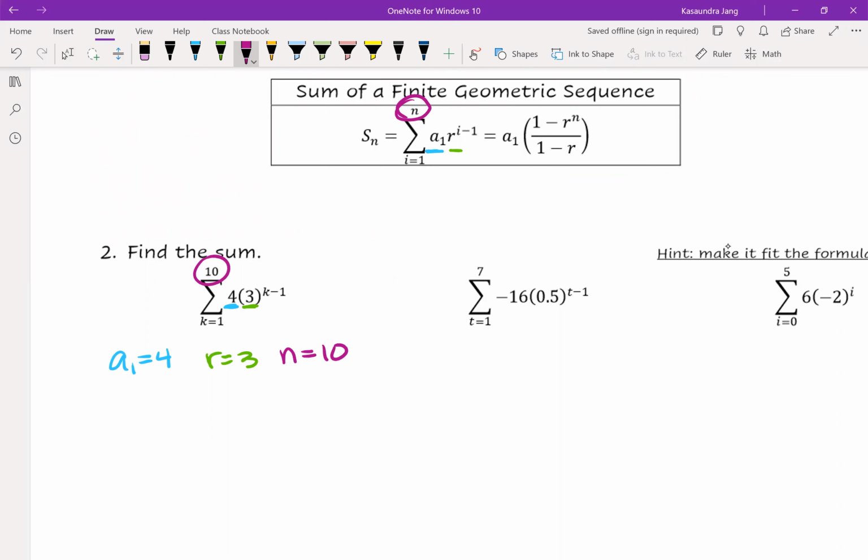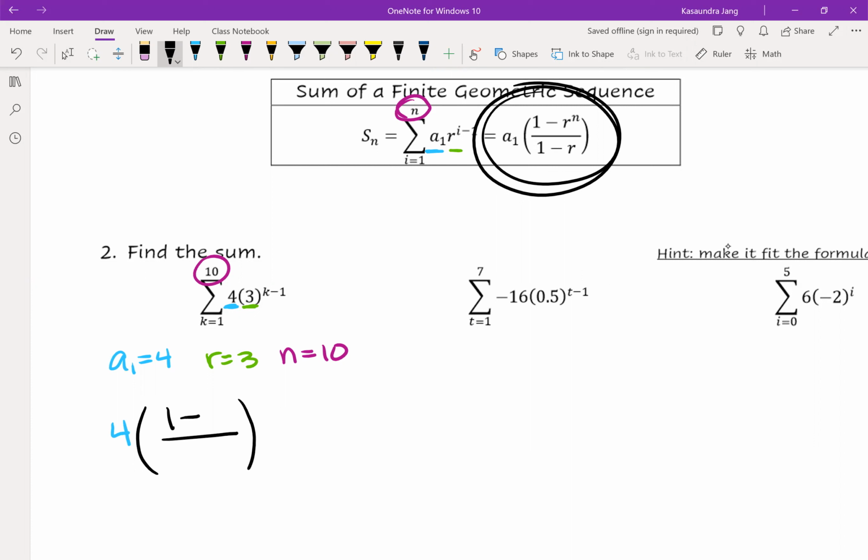Okay, so those are the pieces I need for this formula. This will be the sum. Like if I add up all the numbers in my list, it would give me whatever this sum is. In my case, I've got the 4 times 1 minus r to the n over 1 minus r. So there are my r's, my n is 10.